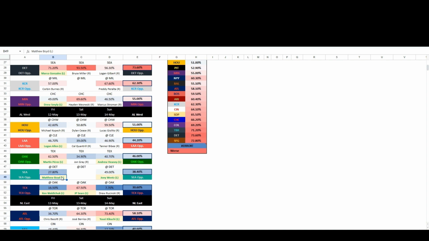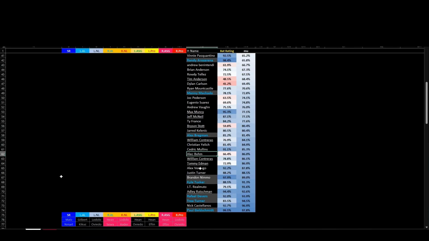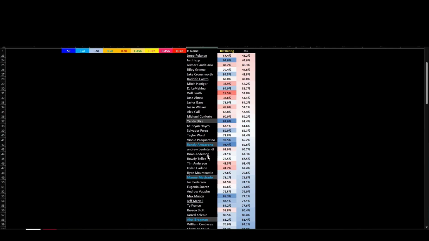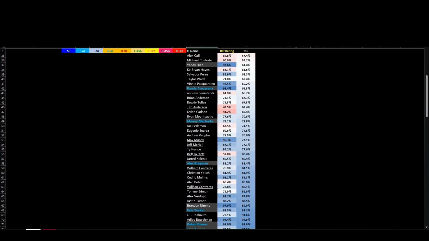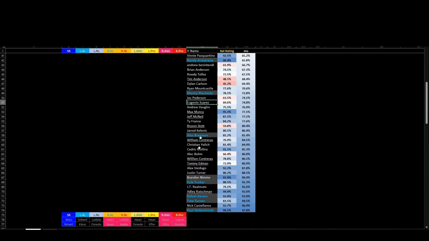So I know that that's probably something I should look into. So I go down and look at my matchups sheet and I look for the players that I just mentioned. And oh, Haniger, he's in San Francisco now. And there goes Julio, there goes Kelenic, and France.